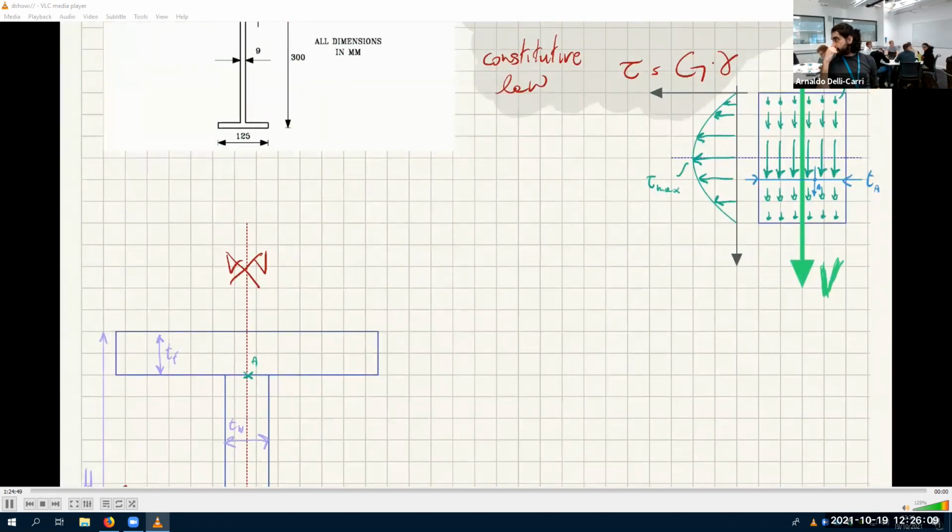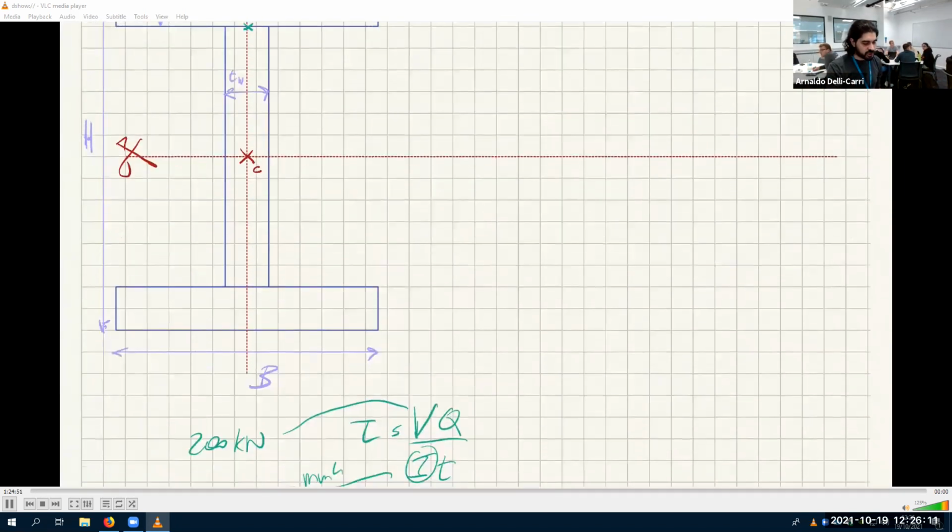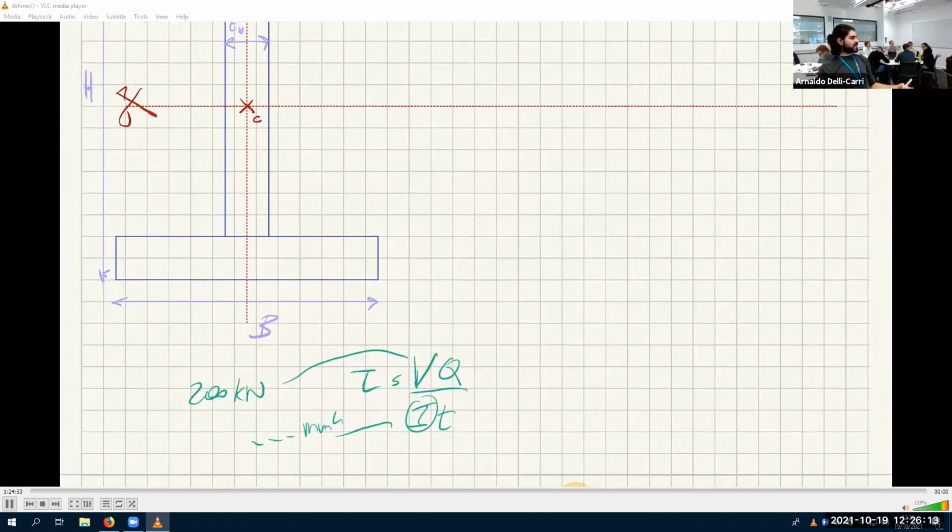So look at the formula. Does the shear stress increase or decrease when I go down? Does it jump down or jump up? Of course, it increases because T is in the denominator. So the stress, which is small, at some point shoots up.